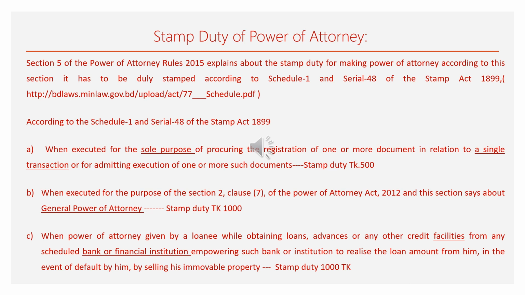Next one is when power of attorney is given by a loanee while obtaining loans, advances or any other credit facilities from any scheduled bank or financial institution, empowering such bank or institution to recover the loan amount from him in the event of default by him by selling his immovable property, then the stamp duty is 1000 Taka.